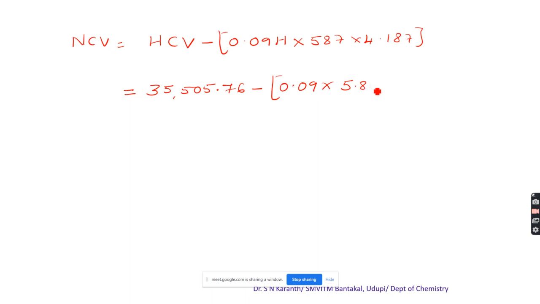So directly I'll take 5.8 into 587 into 4.187. So that is 35,505.76 minus 0.09 into 5.8 into 587 into 4.187. How much does this become? Anyone? Answer.